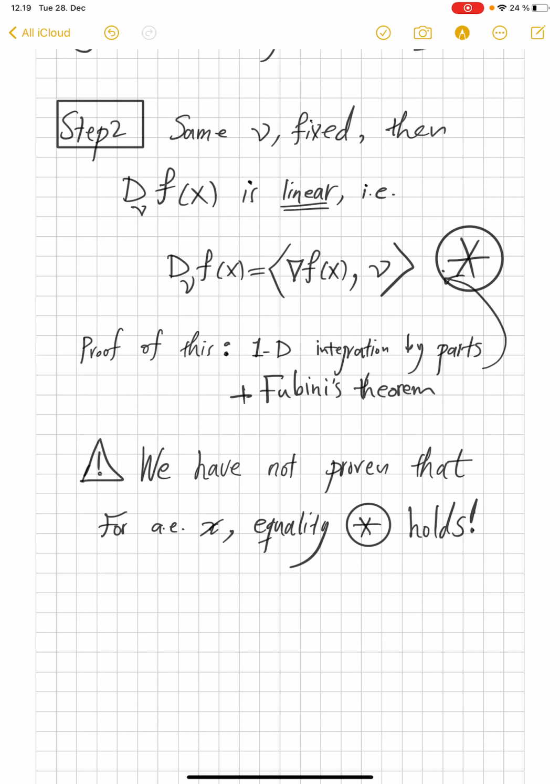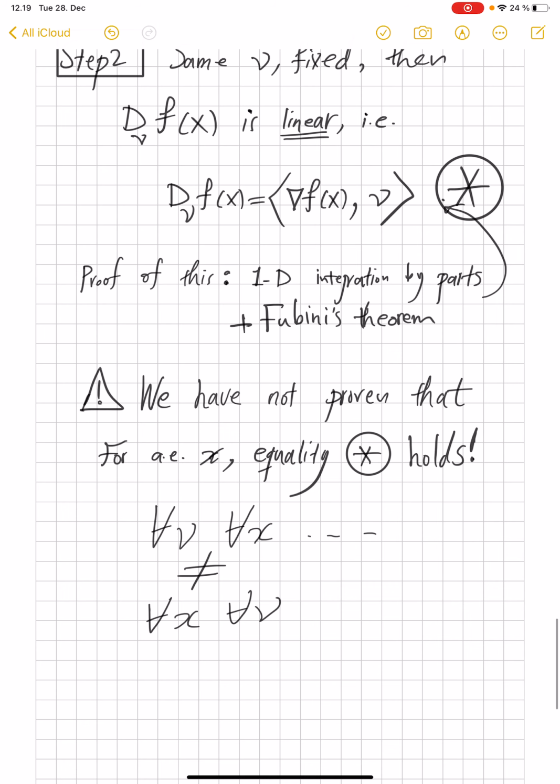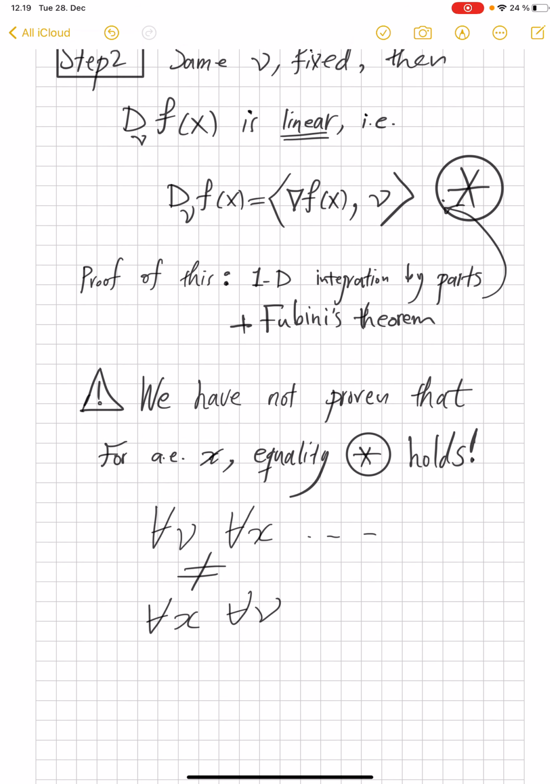What we have proven is that for every v, for almost every x, something holds. We have not proven for every x, something holds for every v. So it's about the order of these logical quantifiers. So for one v, this holds almost everywhere.